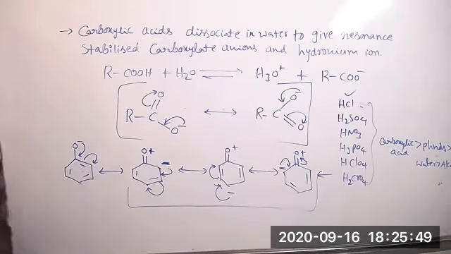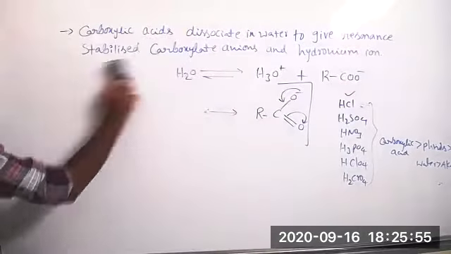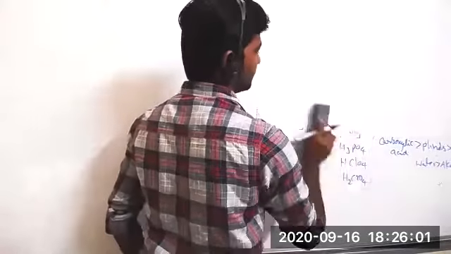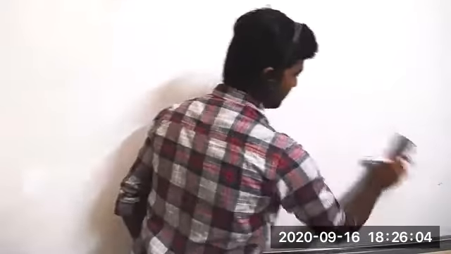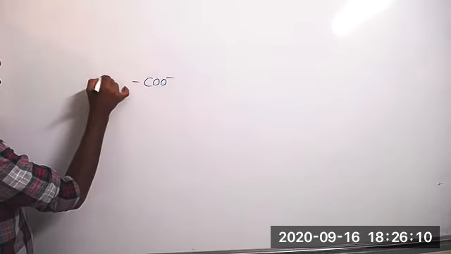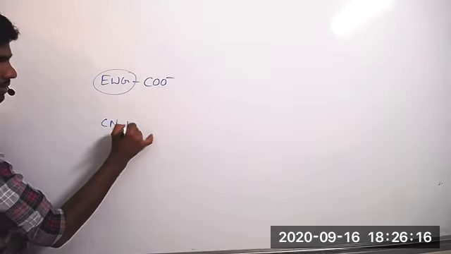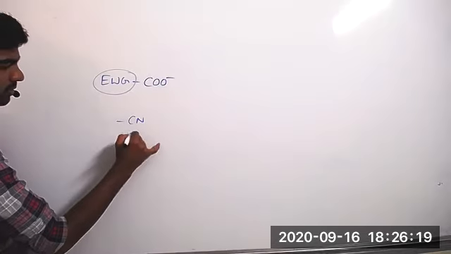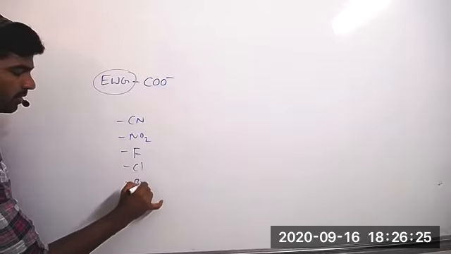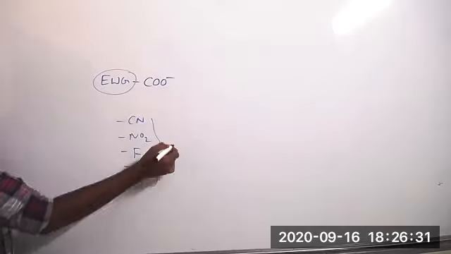If carboxylic acids are attached to electron withdrawing groups, their acidic character increases. Suppose the carboxylate ion is attached to an electron withdrawing group like cyanide, NO2, or any highly electronegative element like fluorine, chlorine, bromine. Then those are highly acidic.